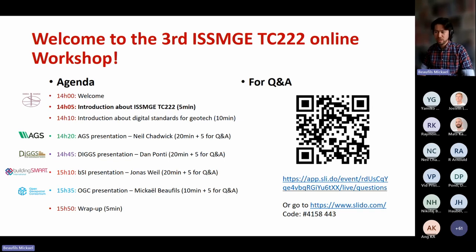We will try to fit the times that are proposed. And as you can see, for the Q&A, there is an invitation to use an app called Slido. So I would suggest you try to reach it, and it will be used in order to ask some questions to the different presenters. As you can see on the agenda, we have time for that.